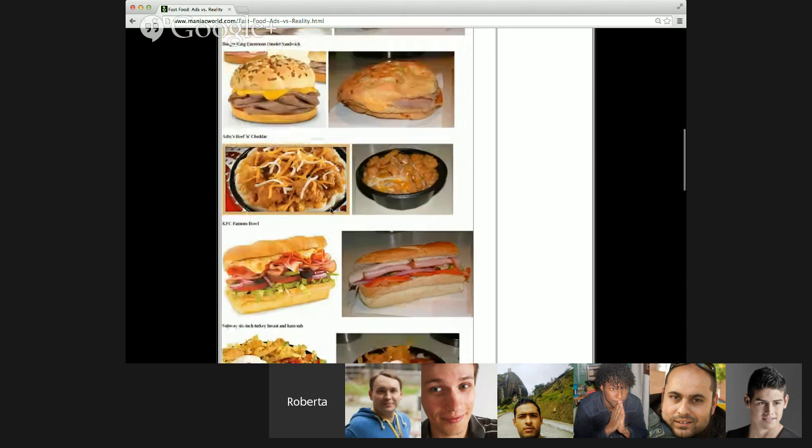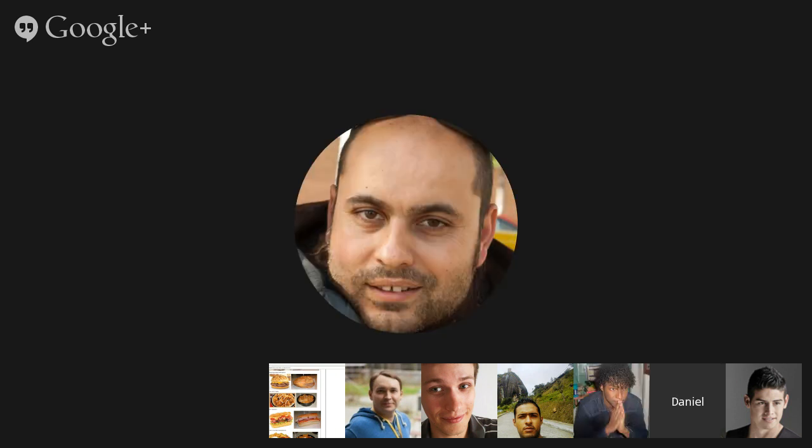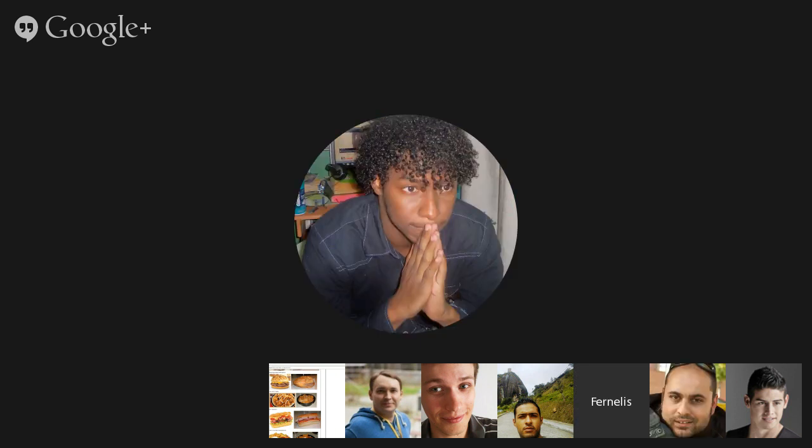What about these bowls, these two bowls of things? Let's hear from Fernelis. The left one is more organized and the other one is like messy.